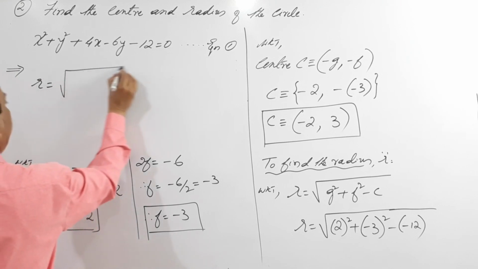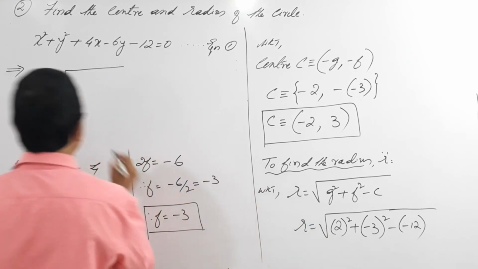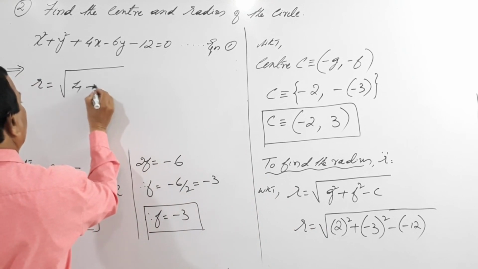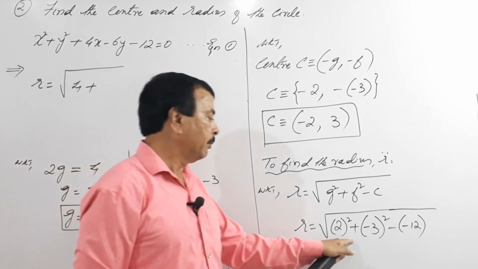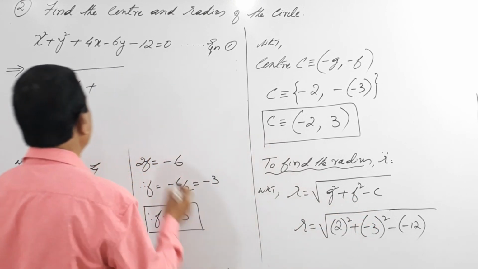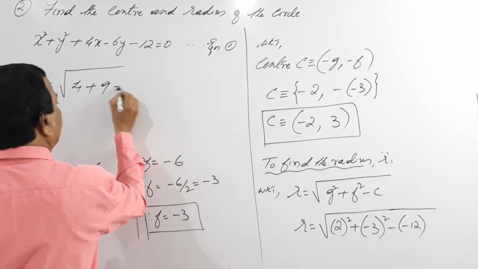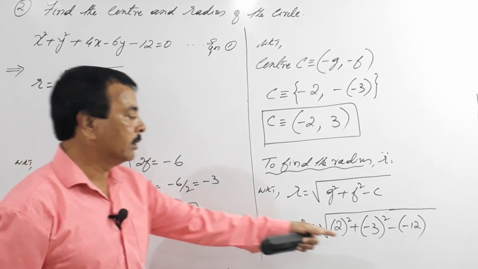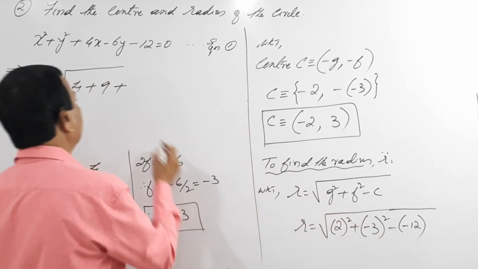R equals the square root of 2 square is 4, plus minus 3 square, that will be 9, plus minus into minus 12, that is 12.